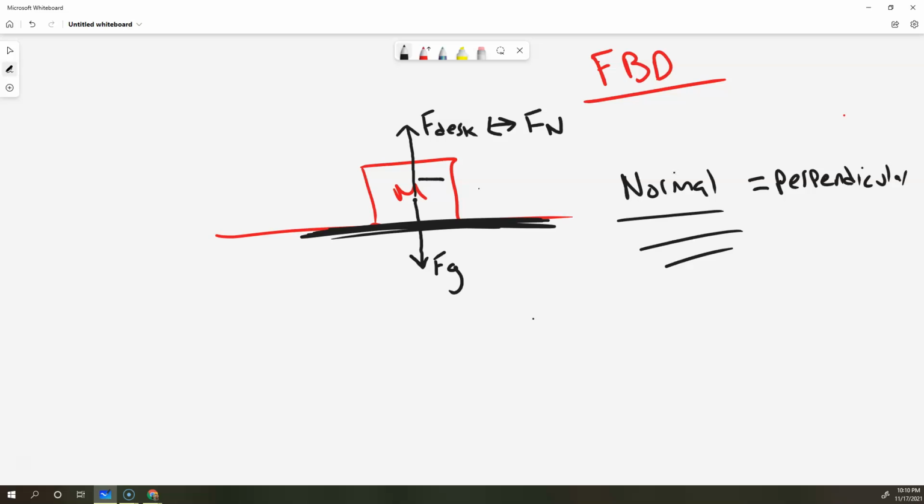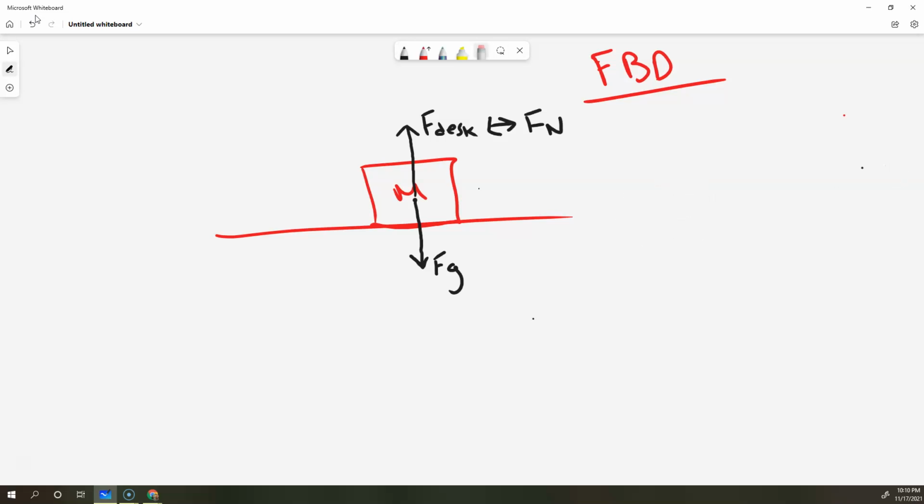In this case, that 90 degrees is between the mass and the desk. So let's make sure we understand that. Okay, so we're just going to go ahead and call this a normal force. We're going to understand that that force is coming from the desk. So there's our first tool.